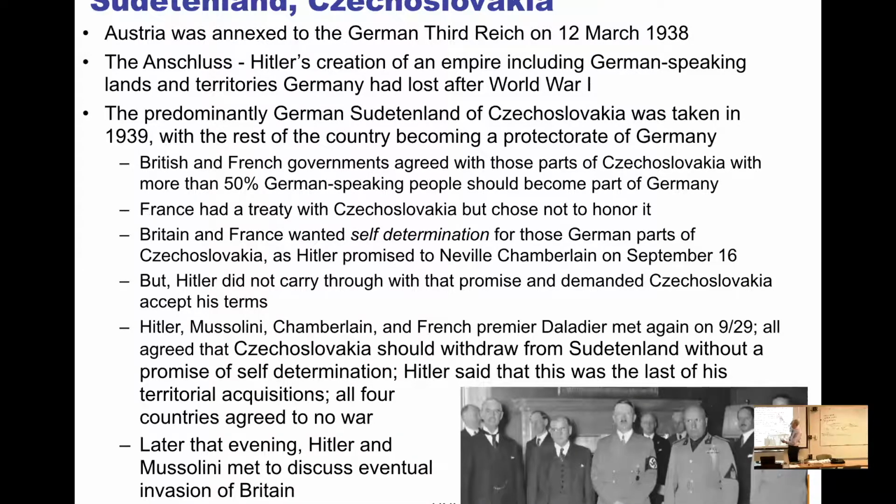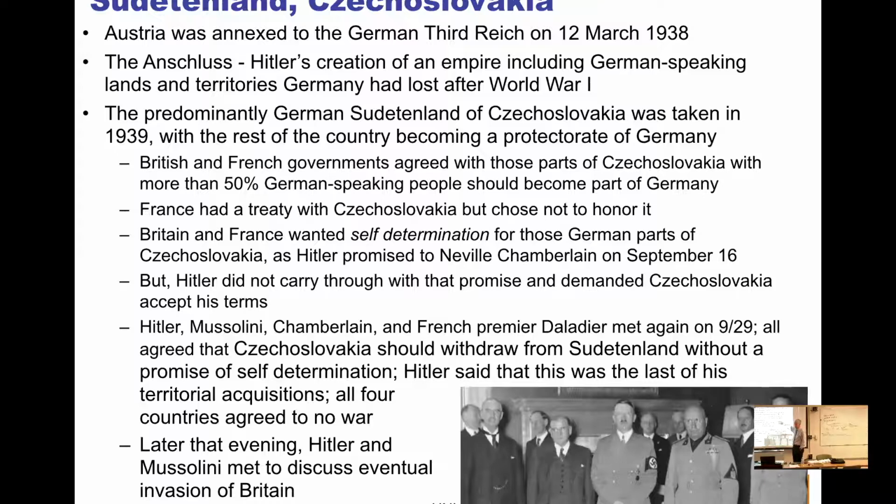Of course, European governments objected, and a compromise was made where England and France agreed that he could have those parts of Czechoslovakia where at least half of the people spoke German, and that there could be a process to bring them into Germany.